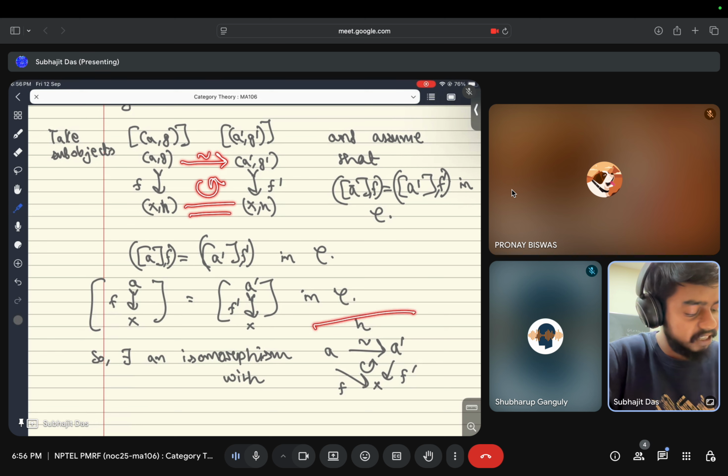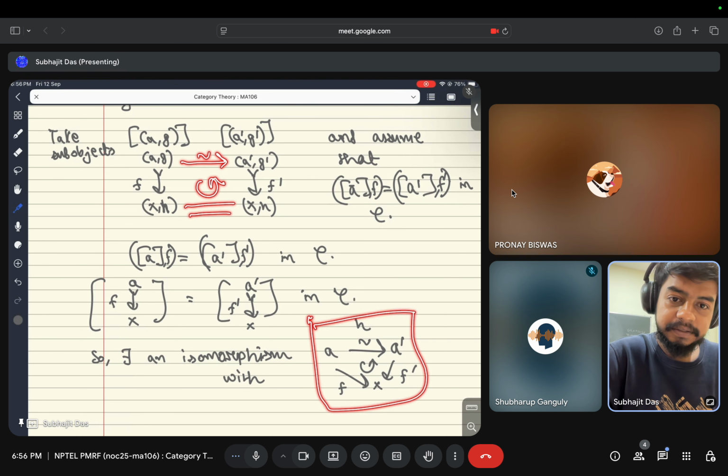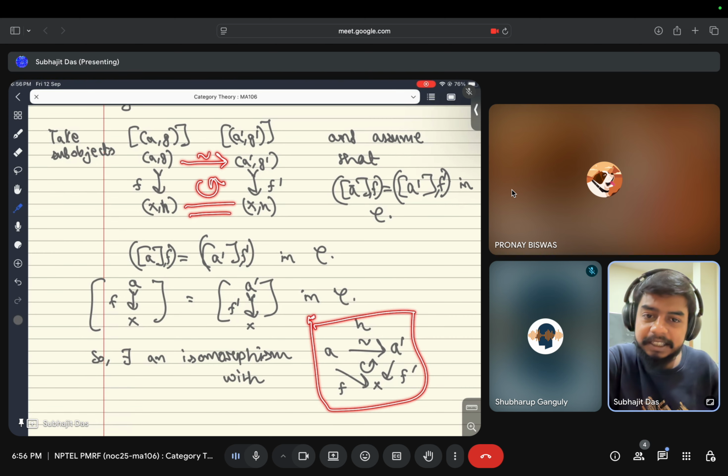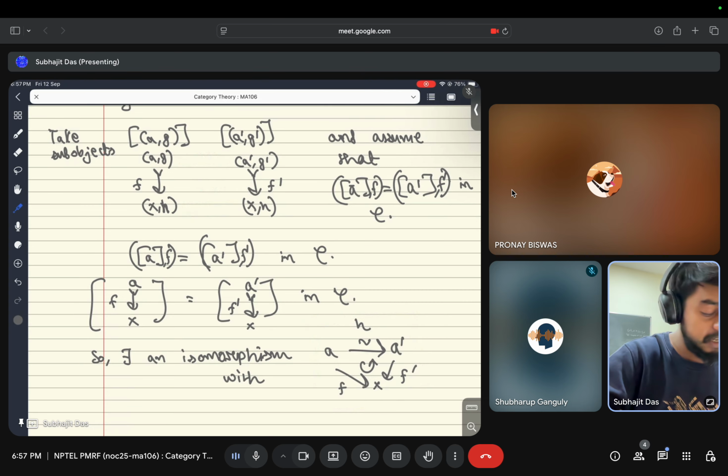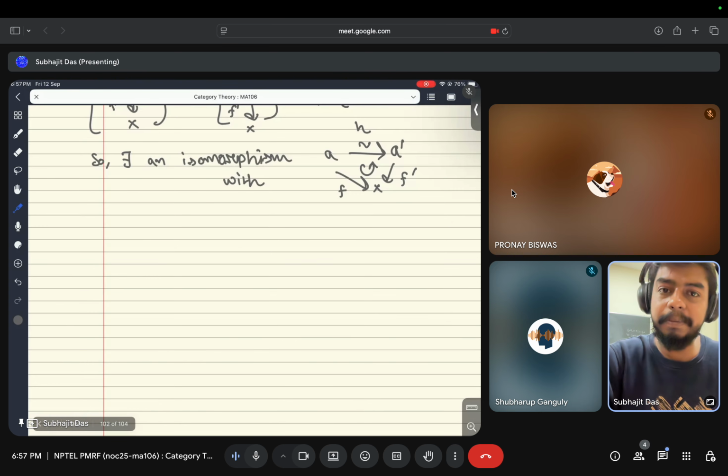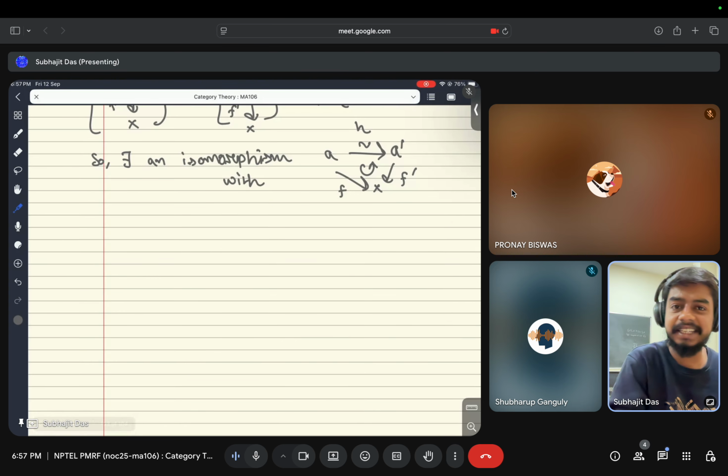We already have this in C. You mean H, right? Okay, so let's see this. So we have H from A to A prime making this commute, and H is an isomorphism, right?